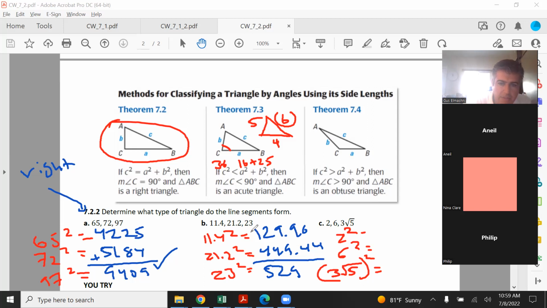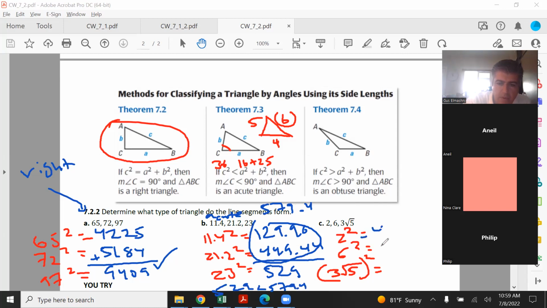In fact, actually, all this adds up to 579.4. So it's pretty clear that 529 is less than the sum of the squares. So this is going to be an acute triangle. Because 529 is less than 579.4.